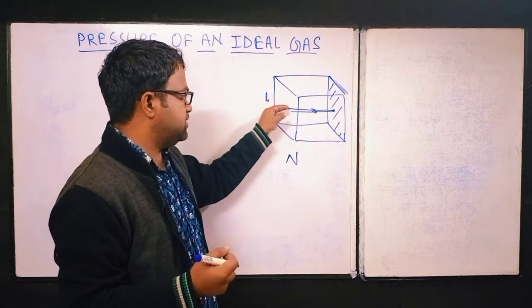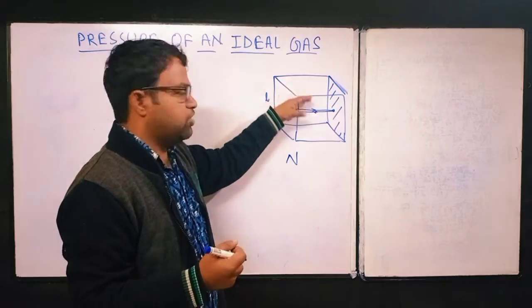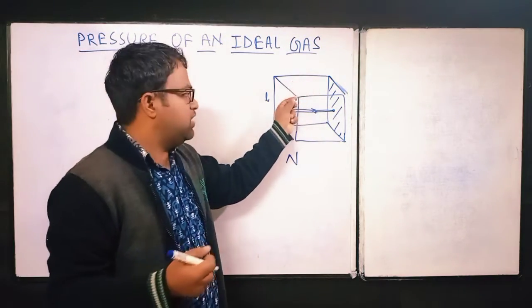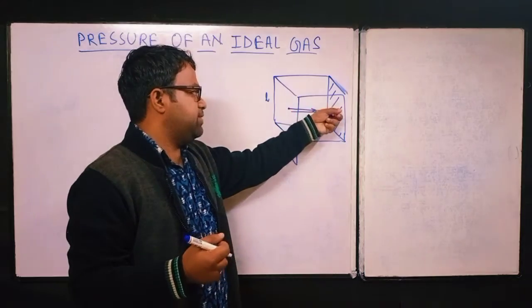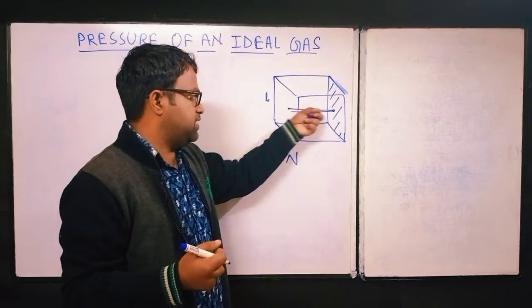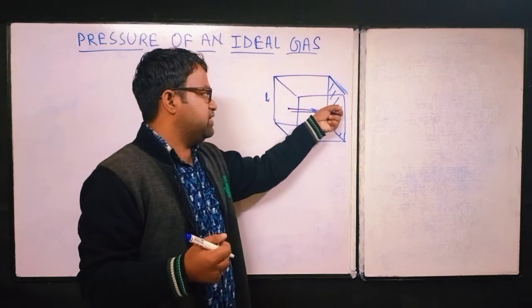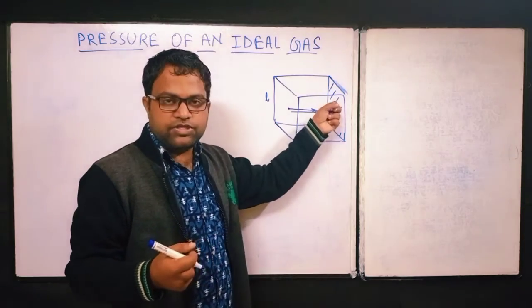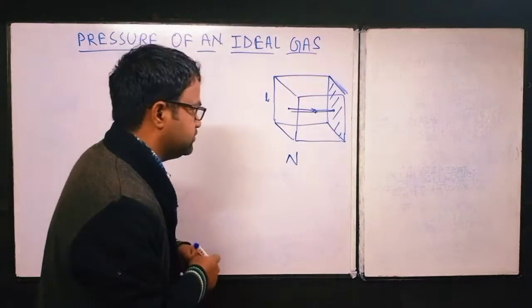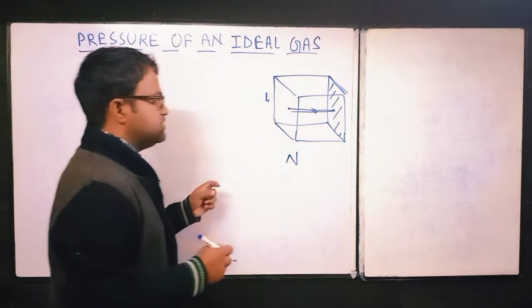So we'll consider that it is not interacting with other molecules and it is moving in a straight line and coming back after striking, and also the collision we will consider as an elastic collision. So these are the assumptions we will consider.